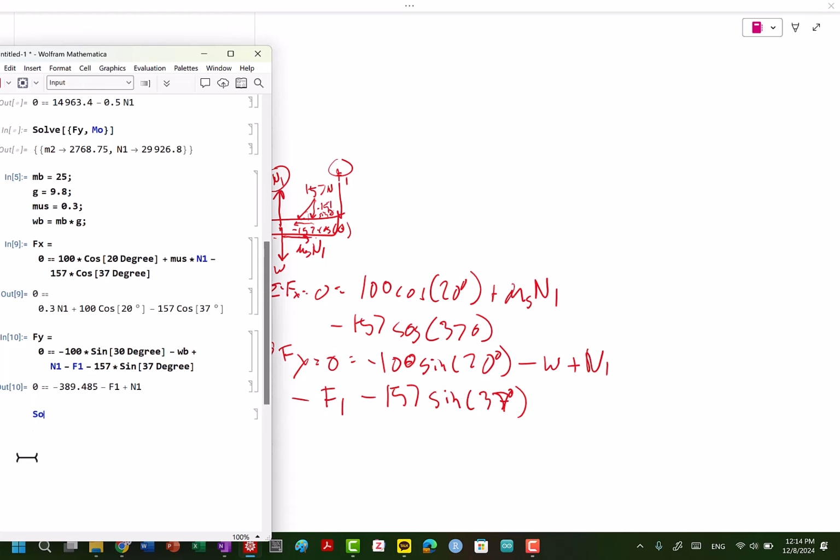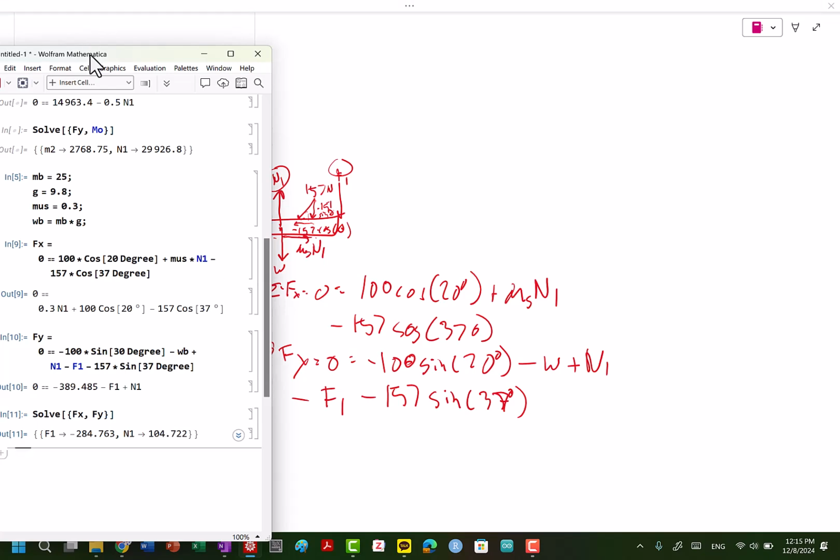All right, so let's go ahead and solve. Fx, Fy, two equations, two unknowns, right? We could have actually gotten away with this one. F1 is negative here, and N1 is going to be the value.